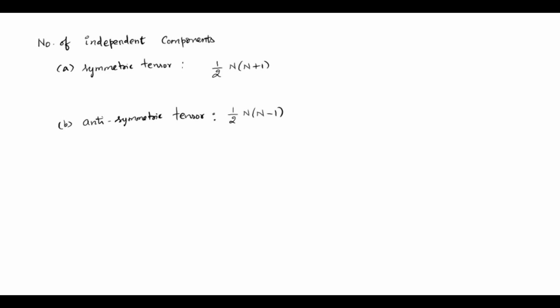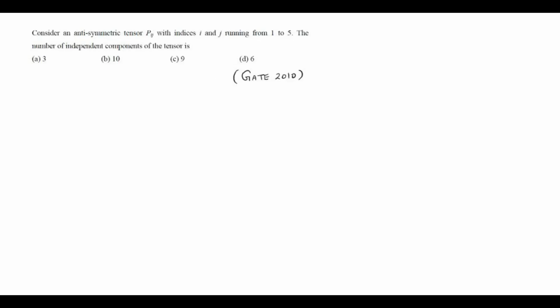Let us do one or two GATE questions based on this topic. The first problem: consider an anti-symmetric tensor Pij with indices i and j running from 1 to 5. The number of independent components of the tensor is?